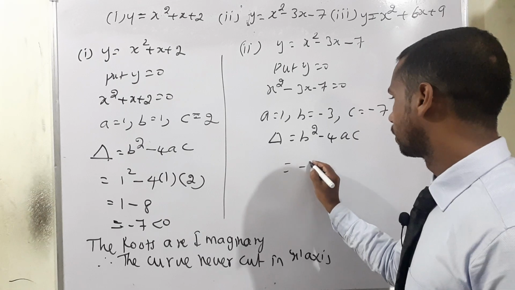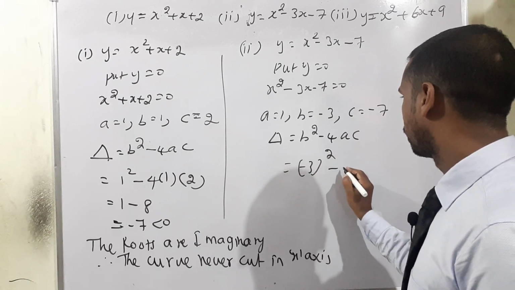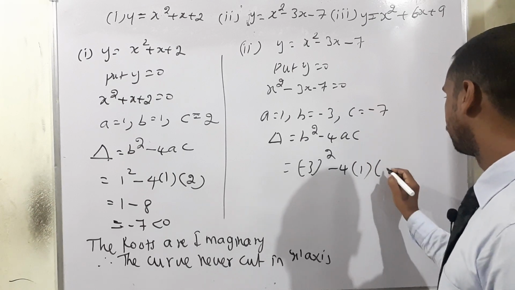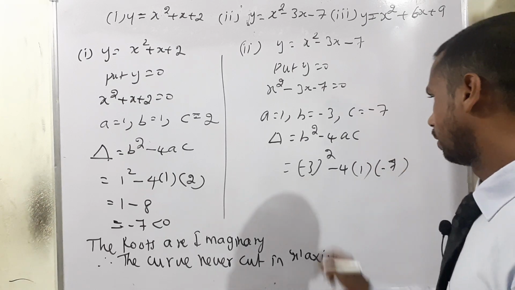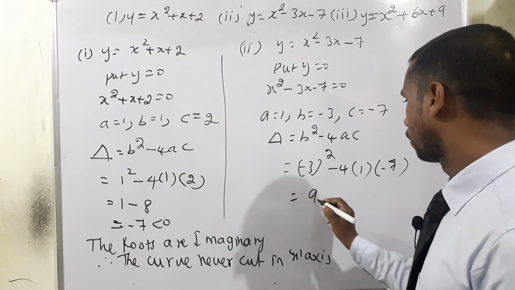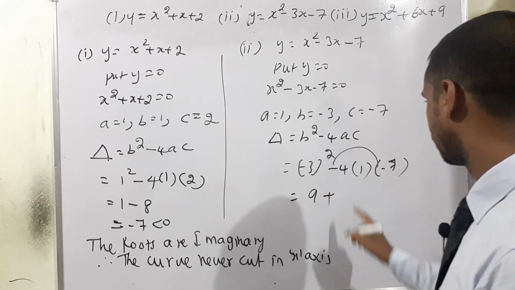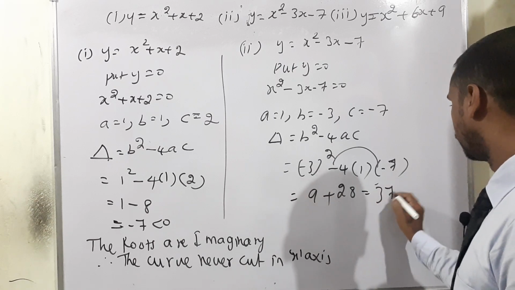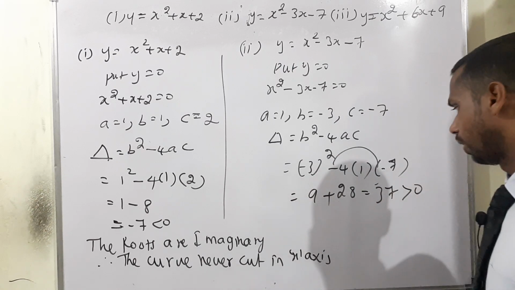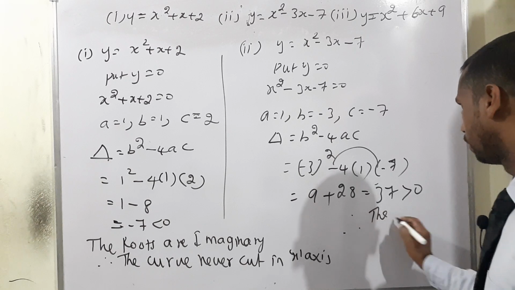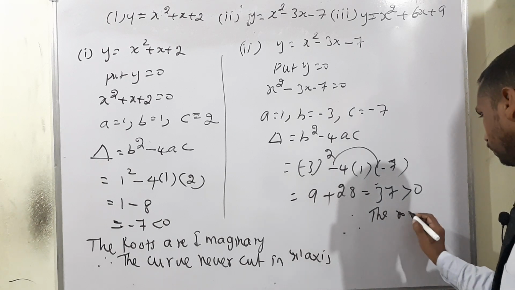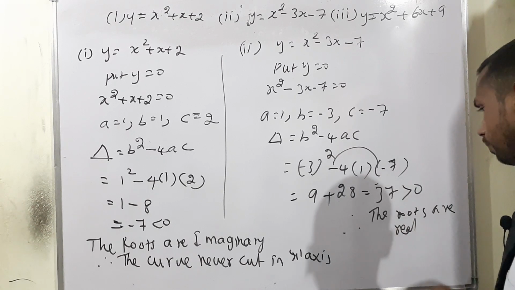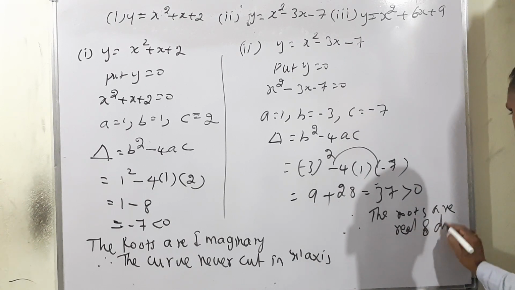B square means minus 3 the whole square minus 4 into a value also 1, at the same time c value also minus 7. Again minus 3 the whole square means 9, minus into minus plus 4 sevens are 28. 28 plus 9 is equal to 37, greater than 0. Therefore, the roots are real and distinct, isn't it?